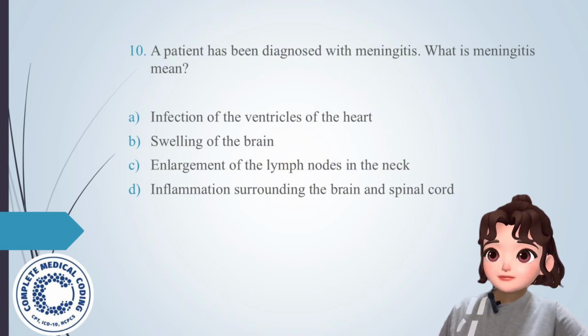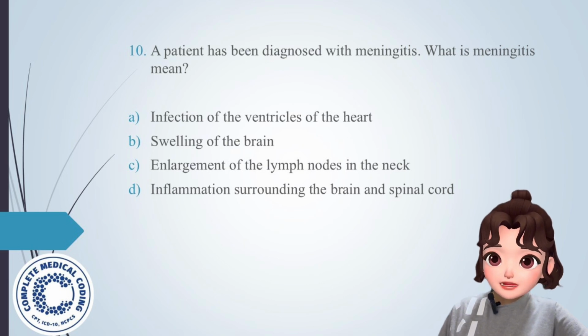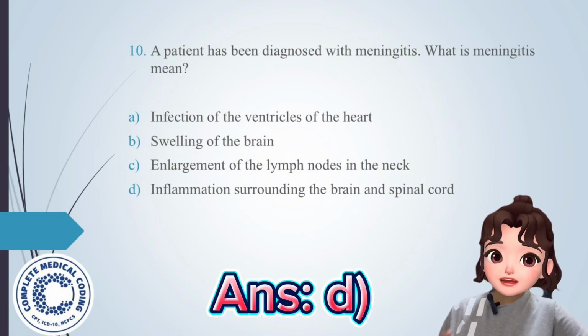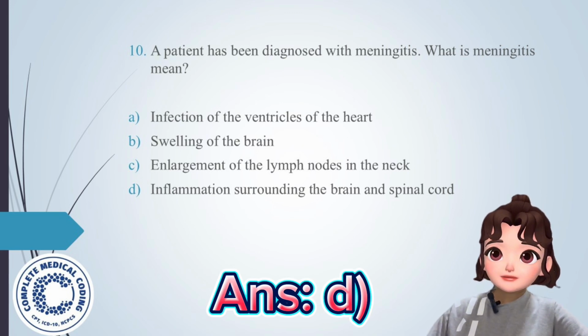The options: infection of the ventricles of the heart, swelling of the brain, enlargement of the lymph nodes in the neck, inflammation surrounding the brain and spinal cord. Answer is option D. Again, itis represents inflammation. So meningitis means inflammation surrounding the brain and spinal cord together, both.